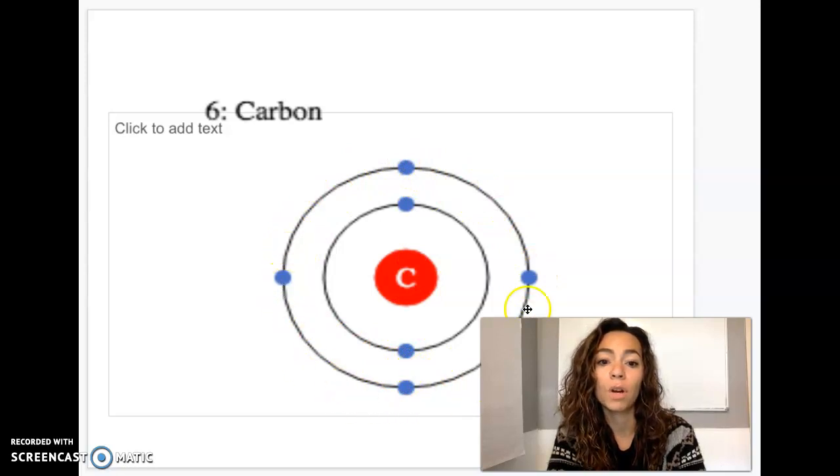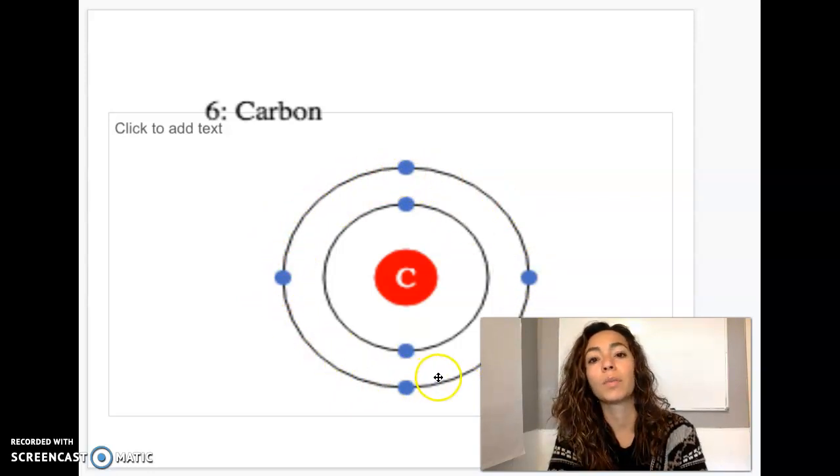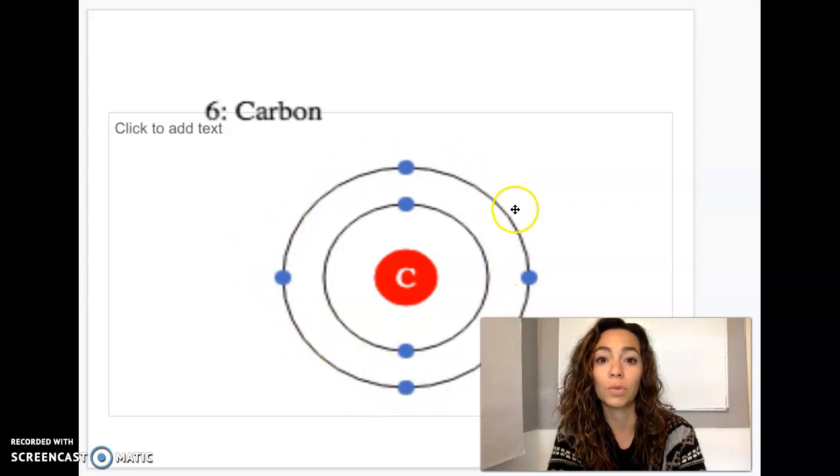So these 4 outermost electrons, these are called the valence electrons, and these are the electrons that are available for bonding. We also know that this orbital can hold up to 8 electrons, which is when the atom would be most stable. So carbon is a special molecule because it can form up to 4 bonds with other atoms. So it loves bonding, which is why carbon is so essential in all of these molecules, because it's able to form so many bonds.